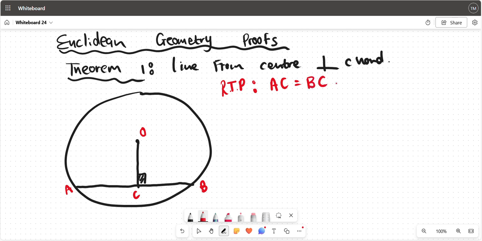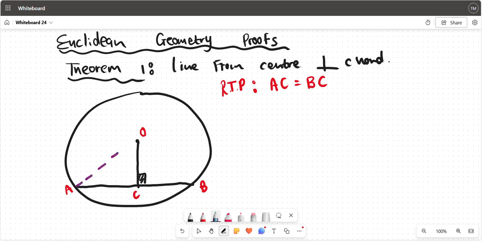That's what we're required to prove, right? Basically, it says if there's a line from center and it's perpendicular to the chord, then it will bisect that chord. So what does that mean? It means these two sides are going to be equal to each other. So let's prove that using our laws of mathematics that we know.